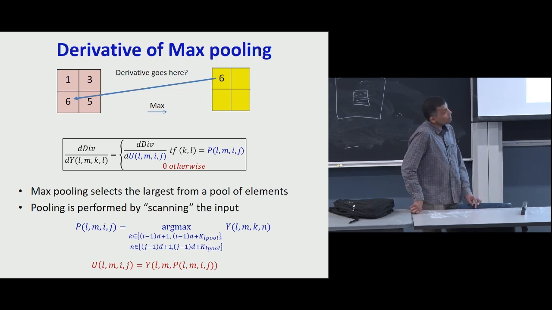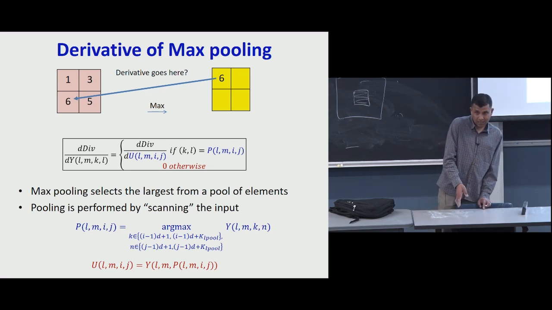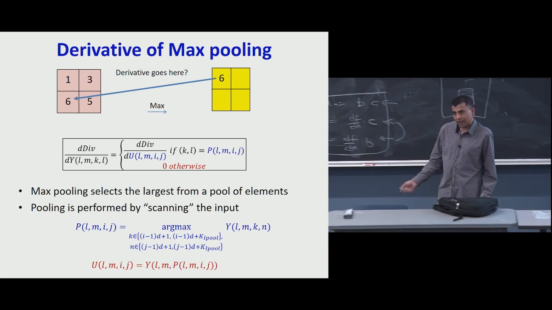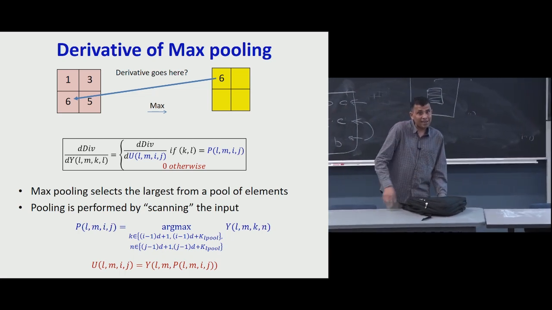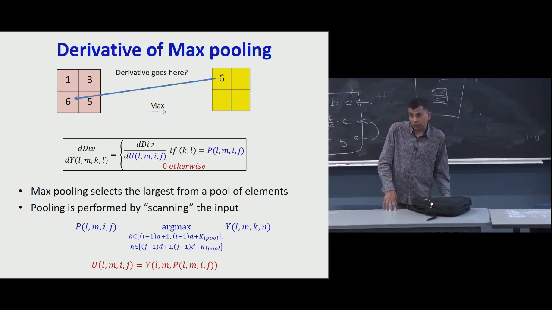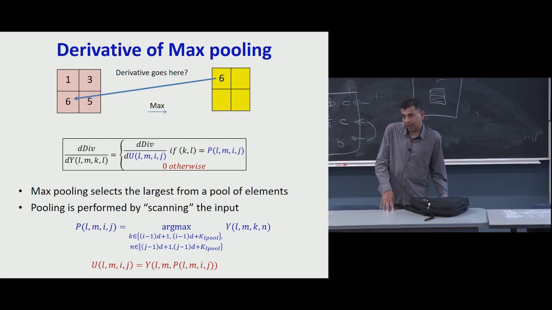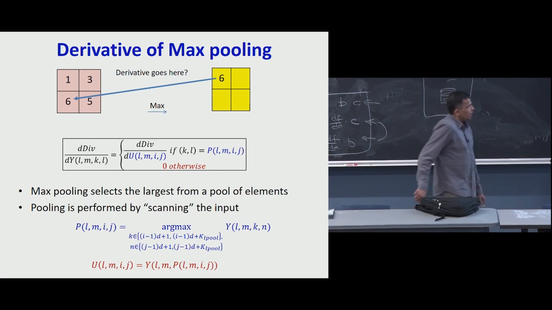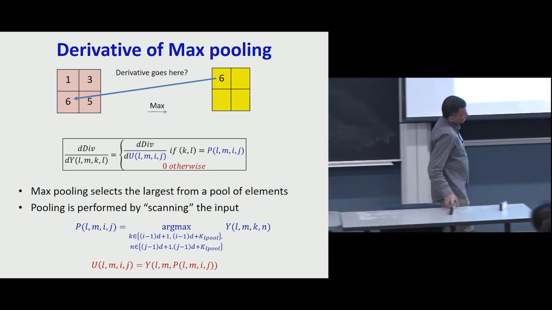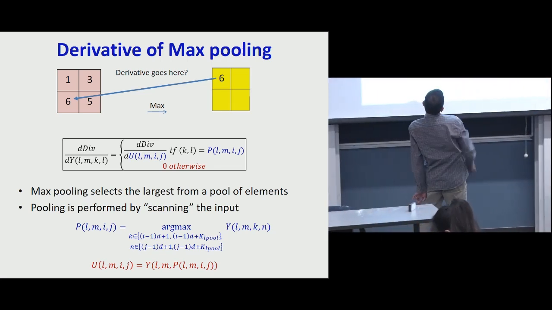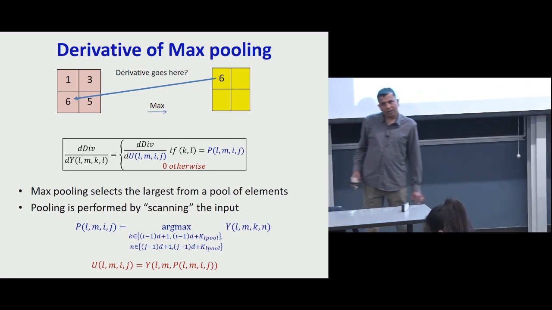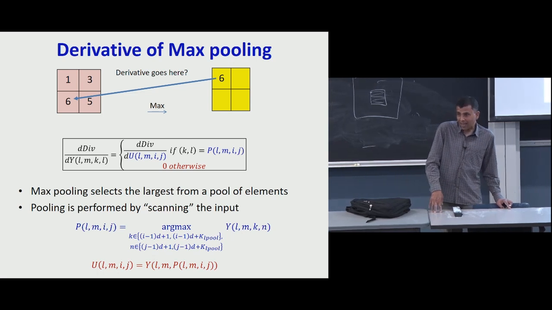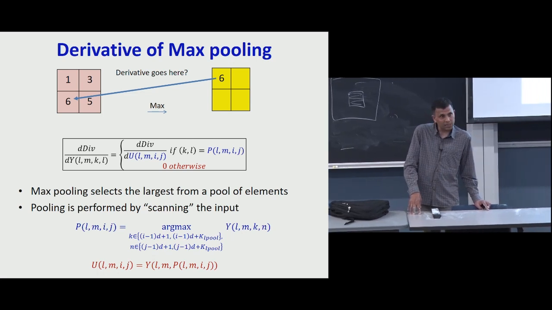So which means that the derivative with respect to the z, or the derivative with respect to the max pooled output, is going to be transferred wholesale to the one location that was picked. And the derivatives for the other guys are going to be 0. So the derivative with respect to y is the same as the derivative with respect to u, which is the max pooled version, at the peak location, and 0 everywhere else.